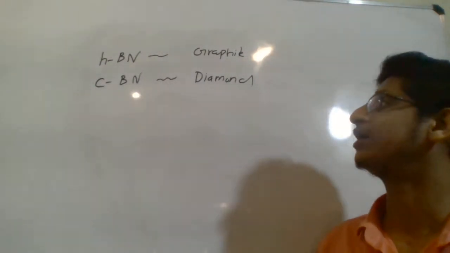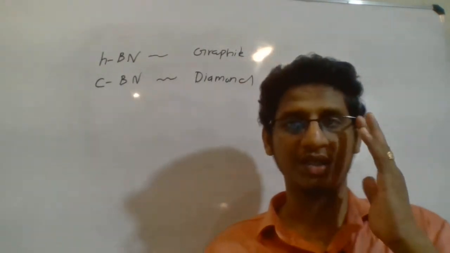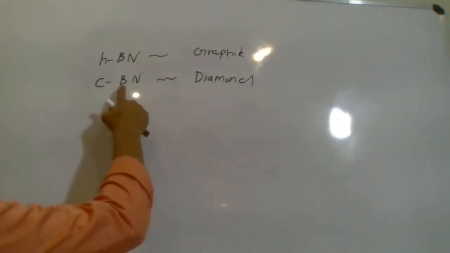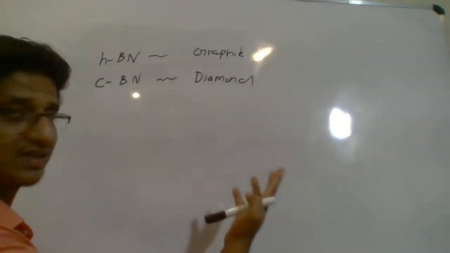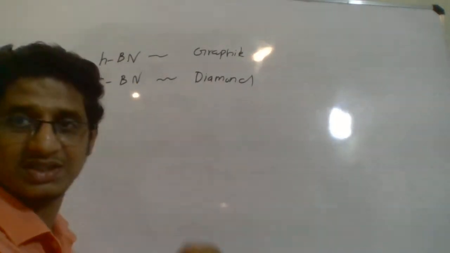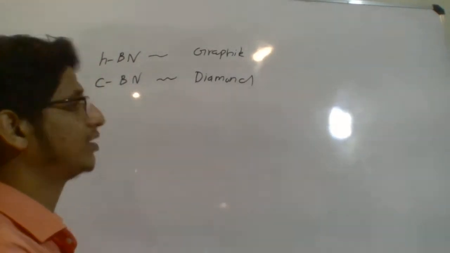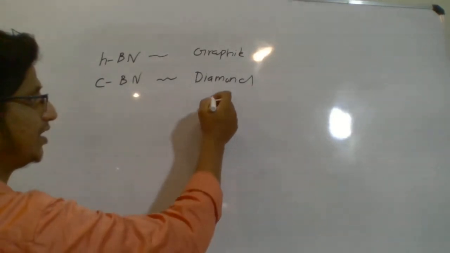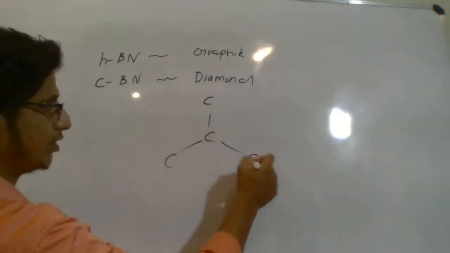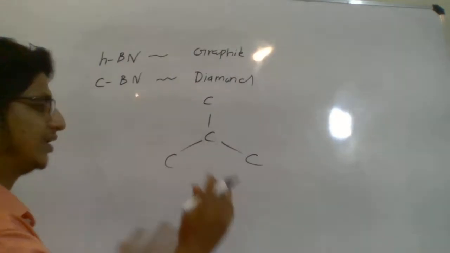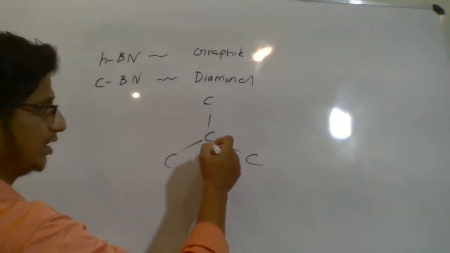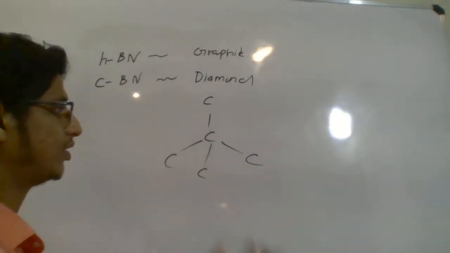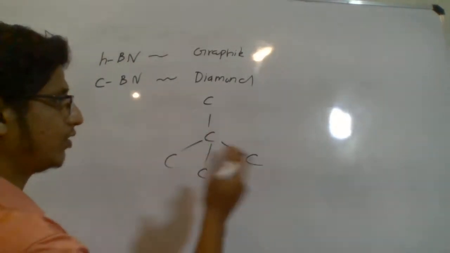Similarly, in cubic boron nitride, each boron is tetrahedrally surrounded by 4 nitrogen atoms, and each nitrogen atom is tetrahedrally surrounded by 4 boron atoms. So the structure that we draw for diamond is very similar to the structure of cubic boron nitride as well. The one difference is boron and nitrogen.